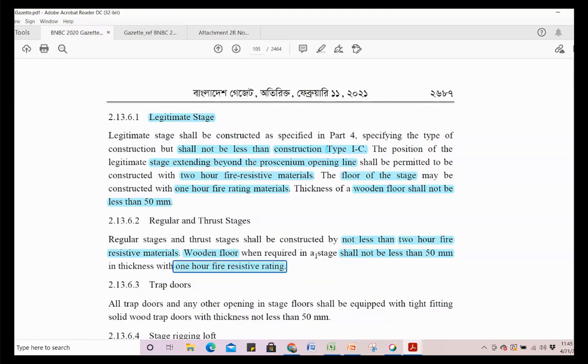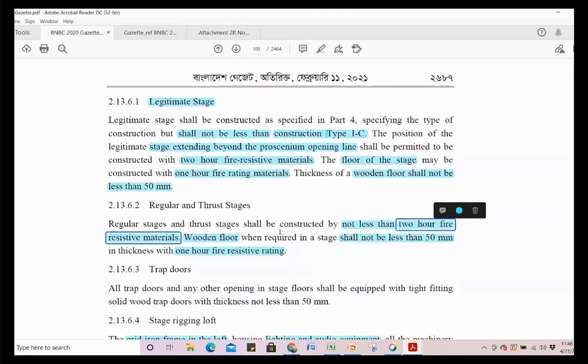So for the performance area where the stage is located, when it is wooden floor, it has to have a 1 hour fire rating. But if it crosses the proscenium line, the total stage must be of 2-hour fire rating all along.